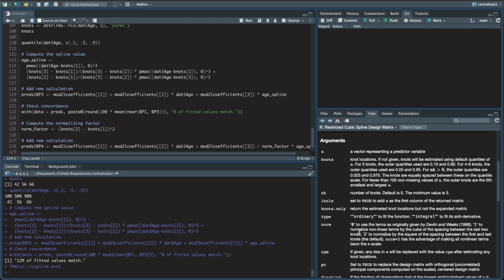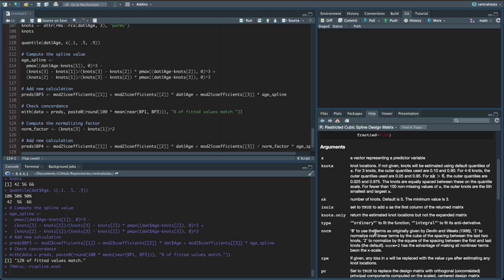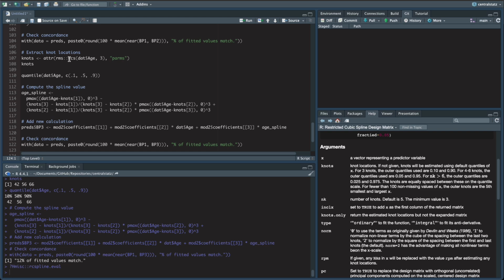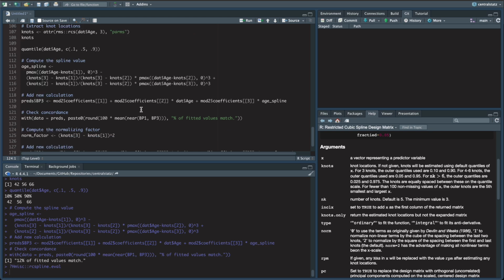If we look here, it says use value of 2 to normalize by the square of the spacing between the first and last knots, the default. And so when we ran the RCS function on age, by default it did this sort of normalization by the square of the spacing between the first and last knots.